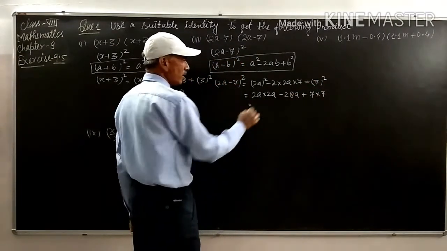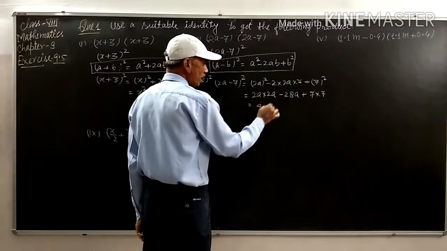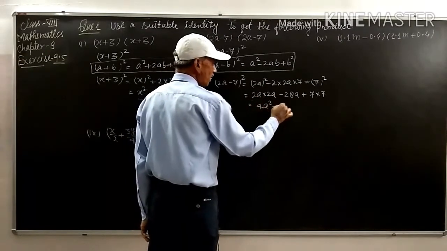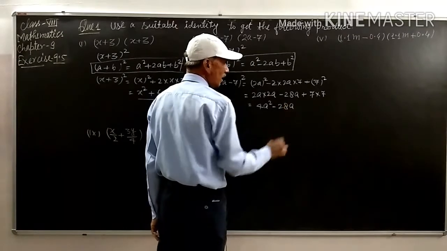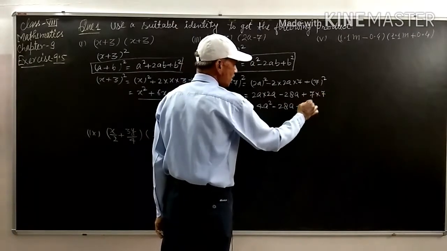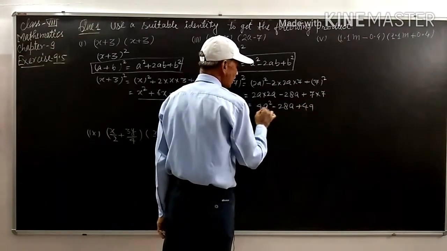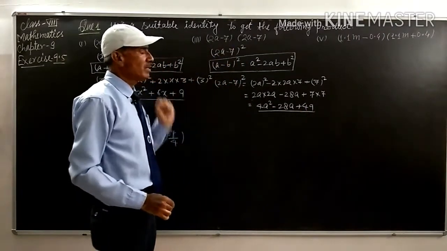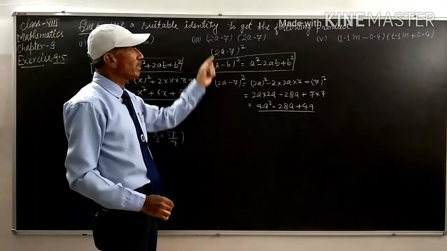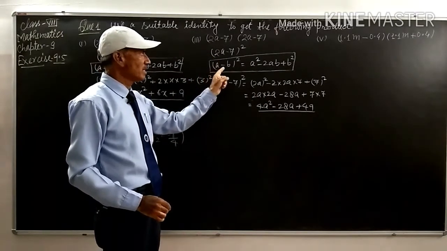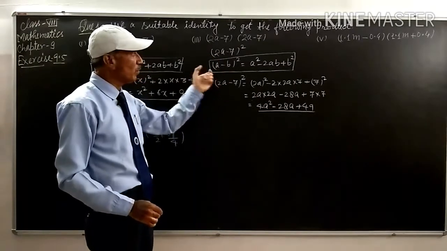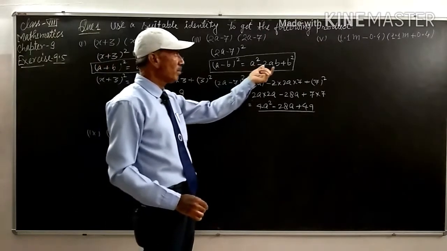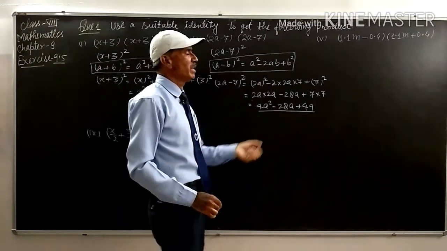That is 4a square minus 28a plus 49. This is the answer of this part of the question, and in this part you have used the second identity, that is (a minus b) whole square, that is a square minus 2ab plus b square.